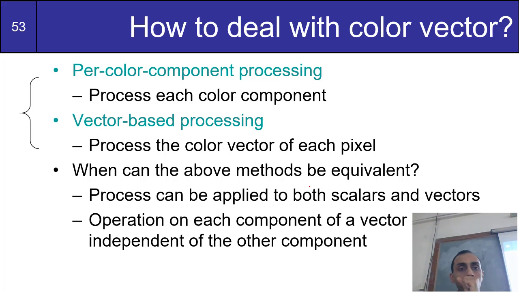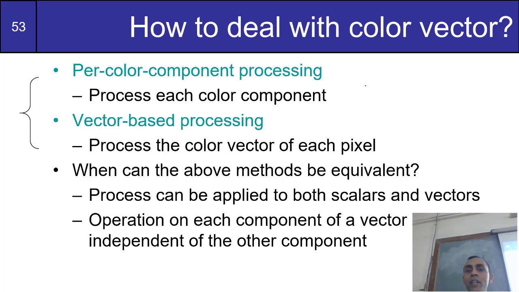So for the transformation that we may be doing in a color image, either we can take each component separately and do the required transformation on each component separately, or take the entire vector and do the transformation on the vector itself.